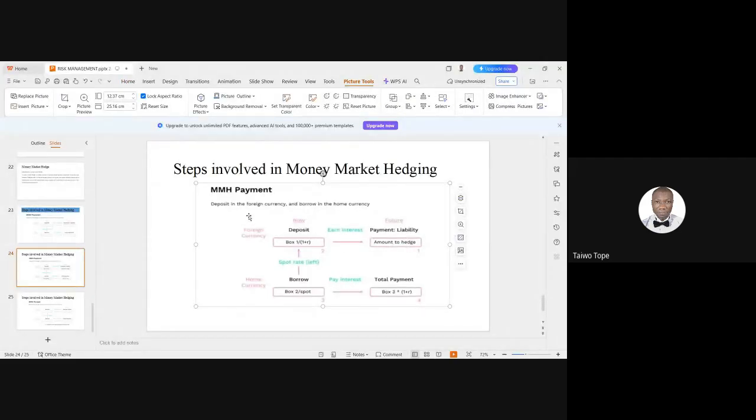So the point is this: you need to make a future payment. You have a liability, an obligation to fulfill in future. So that money, how much will you deposit now in the foreign currency? You want to pay in cedis, you want to pay in rand.